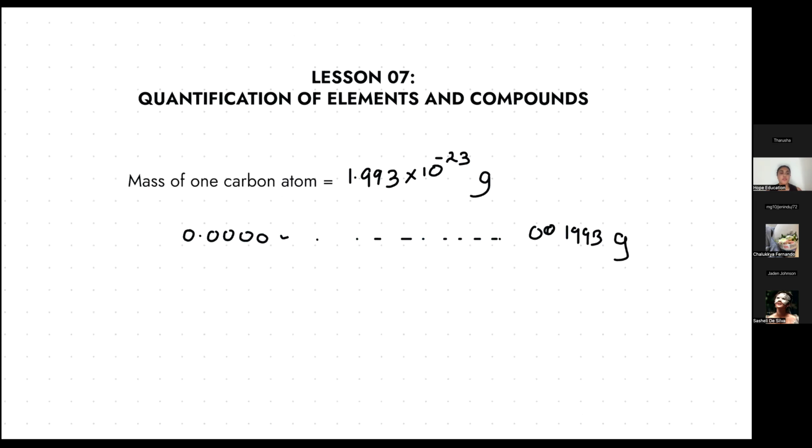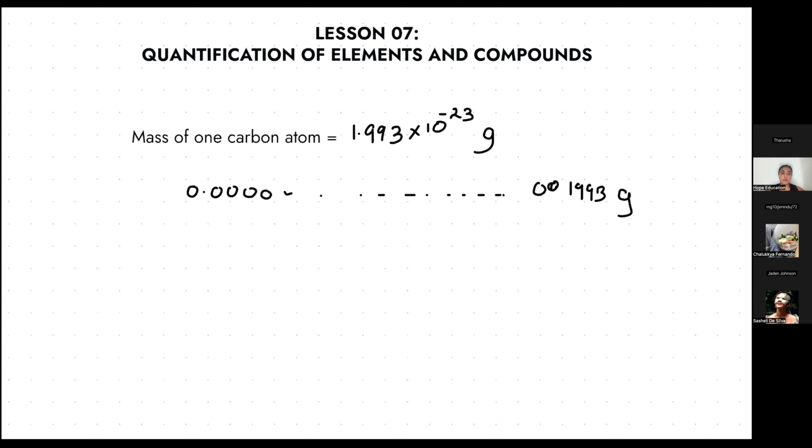Okay. So if you take the mass of one sodium atom, that would be 3 point, I can't remember, because these values nobody has to memorize. Not even scientists have these memorized. This is also an extremely small amount, right?